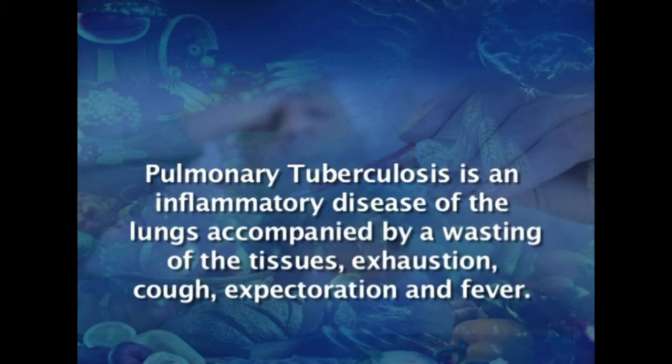Pulmonary tuberculosis, which means the one which affects the lungs of the patient, is an inflammatory disease of the lungs accompanied by a wasting of tissues, exhaustion, cough, expectoration and fever. In acute form, it resembles pneumonia because the temperature is high and circulation and respiration are increased.